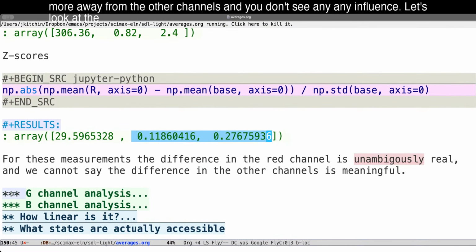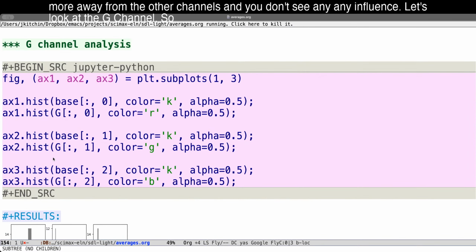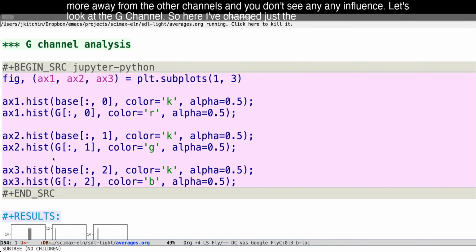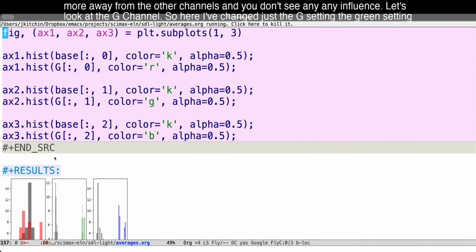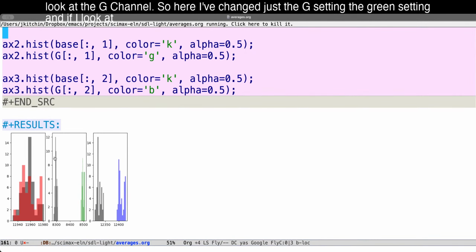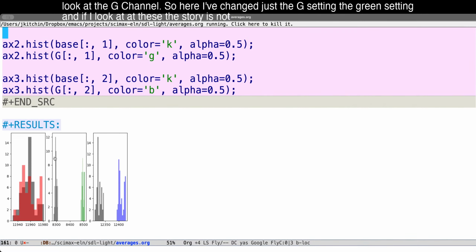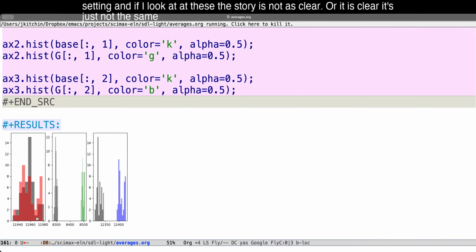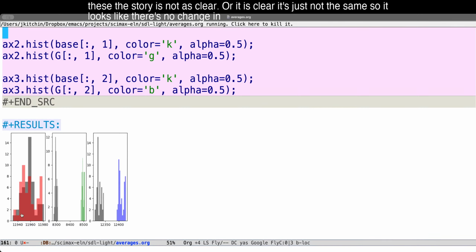Let's look at the G channel. So here I've changed just the green setting, and if I look at these, the story's not as clear, or it is clear, it's just not the same. So it looks like there's no change in red. Red and gray overlap substantially.